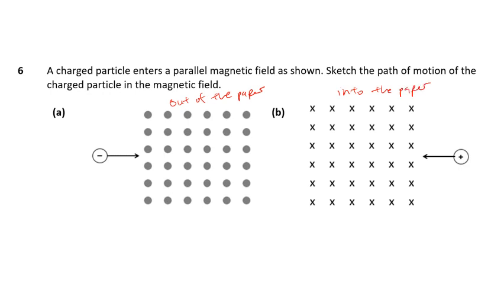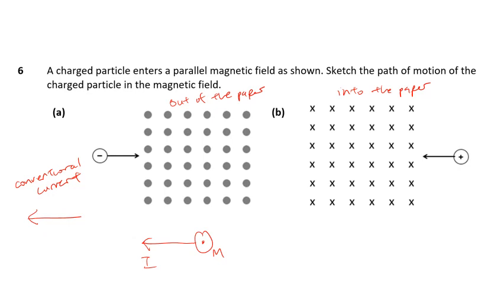For part A, you will also notice that we are looking at a negatively charged particle, and since negatively charged particles always move in the opposite direction of conventional current, that tells us that the conventional current is towards the left. If I were to draw the whole idea and use Fleming's left hand rule, we have our magnetic field coming out of the paper, and the current towards the left.